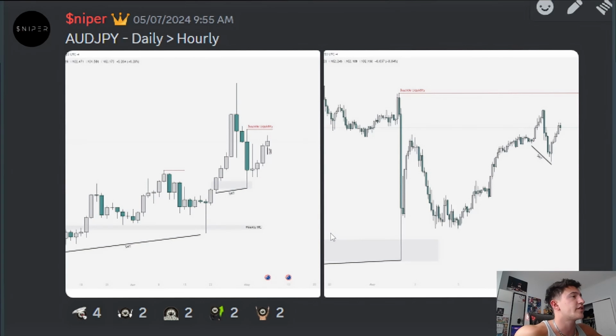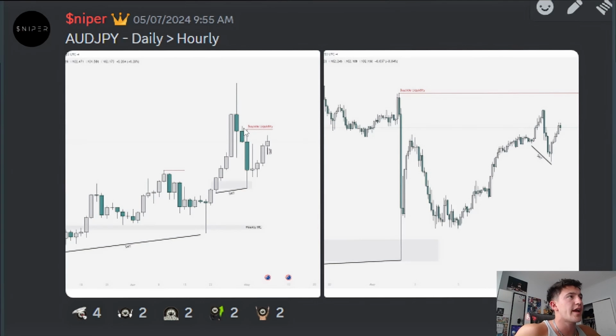Once price reached that internal range liquidity pool, I was looking at AUDJPY daily to hourly chart, utilizing the NFP highs as a low-hanging fruit objective point for that trading week to frame an hourly market maker buy model to the NFP resting liquidity highs. One thing to keep in mind here is the fact that our external range draw liquidity is all the way resting here.